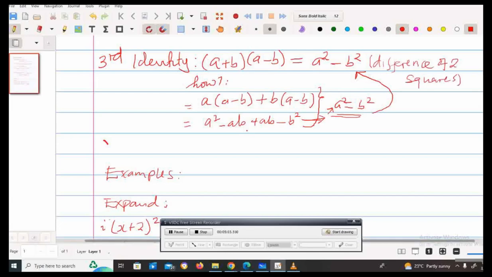How does this end up? We just try to expand it the normal way.